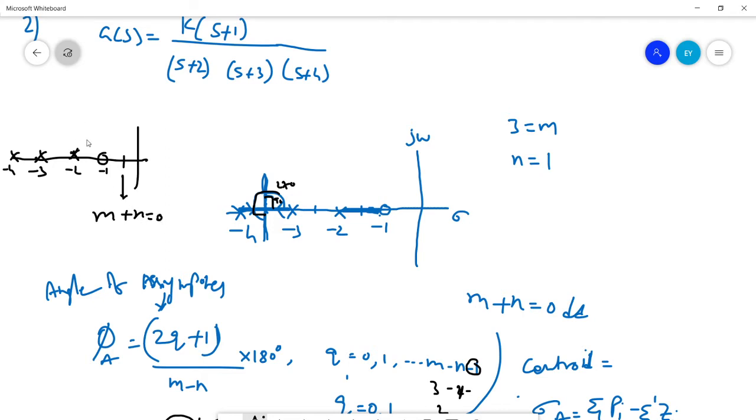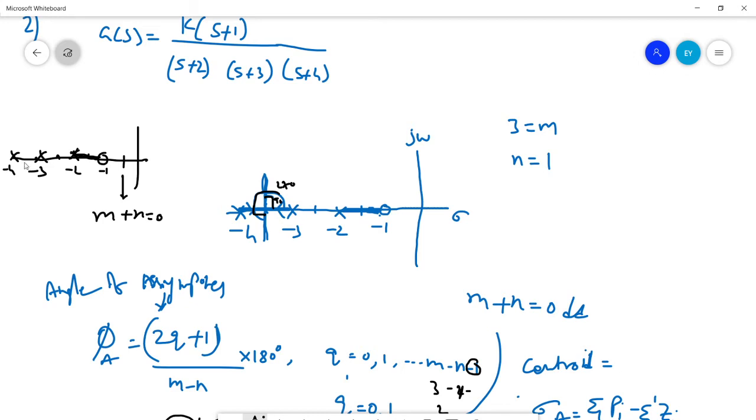So you take another point here and look towards your right side, there is 1 zero, therefore it is odd, therefore the locus exists here. If you are standing somewhere here and look towards your right side, since there is an even number of poles and zeros, there won't be a locus here.